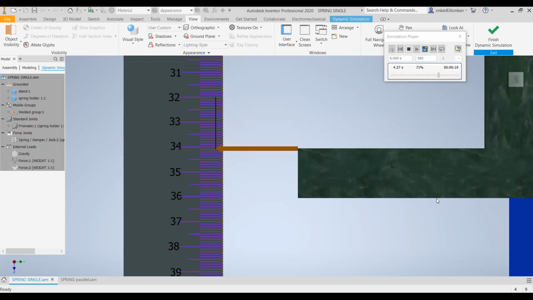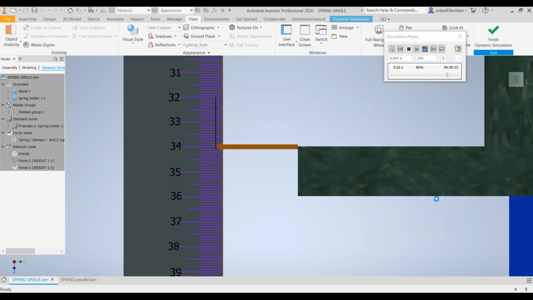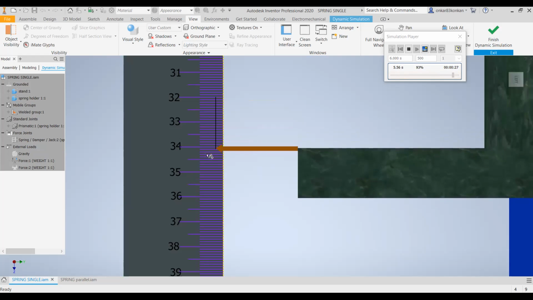Now you can observe there is a reduction in the static deformation as we are reducing the weight. So the system is settled at 34 centimeter. Okay, so we should take the deformation as 2 centimeter or 20 mm.